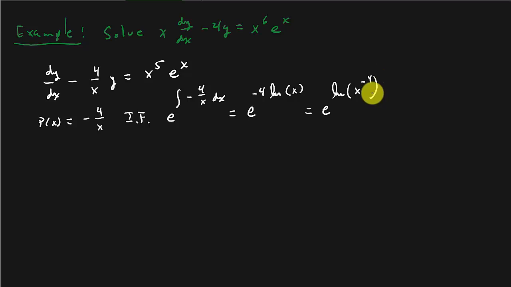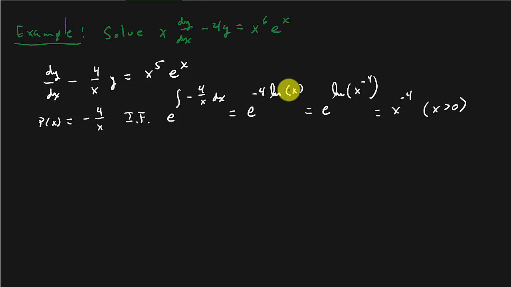We can just move that up, and so that's going to be x to the negative 4. And we're going to say x is greater than 0, because you can't take the natural log of a negative number, can you? Notice we didn't use absolute value, we used parentheses.